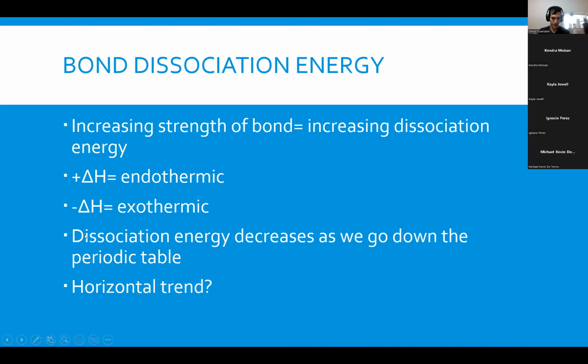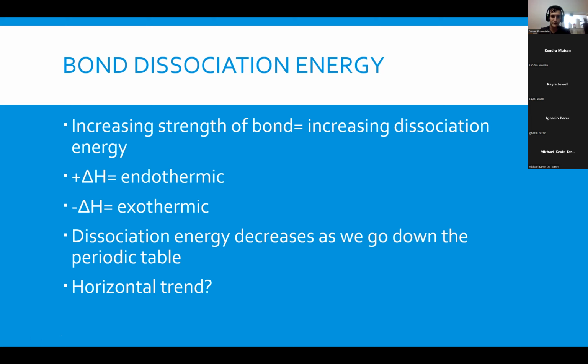Here is a periodic trend. Why? For those of you who have taken physics, you might remember that opposite charges attract with a certain force. And that force is also related to the energy with which they attract one another. The closer those two things are to each other, the stronger that interaction, the harder it is to break.